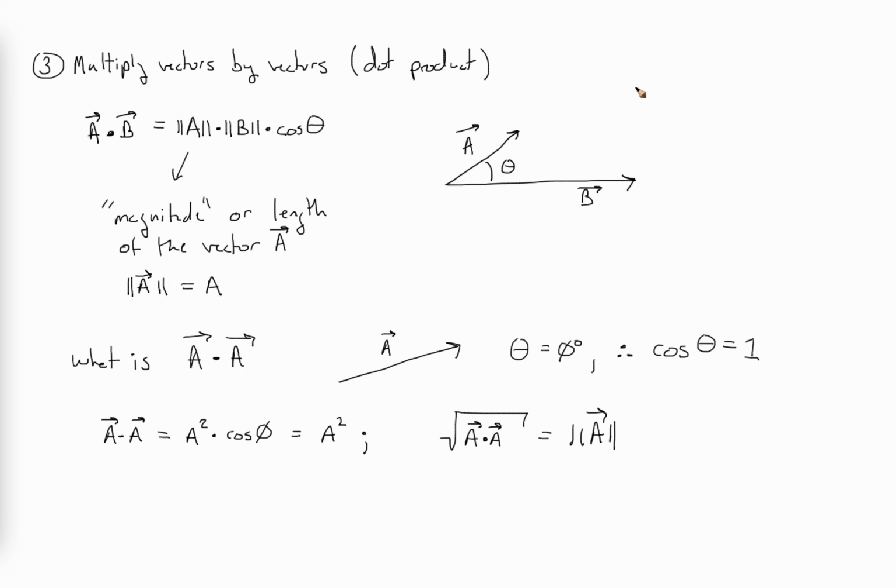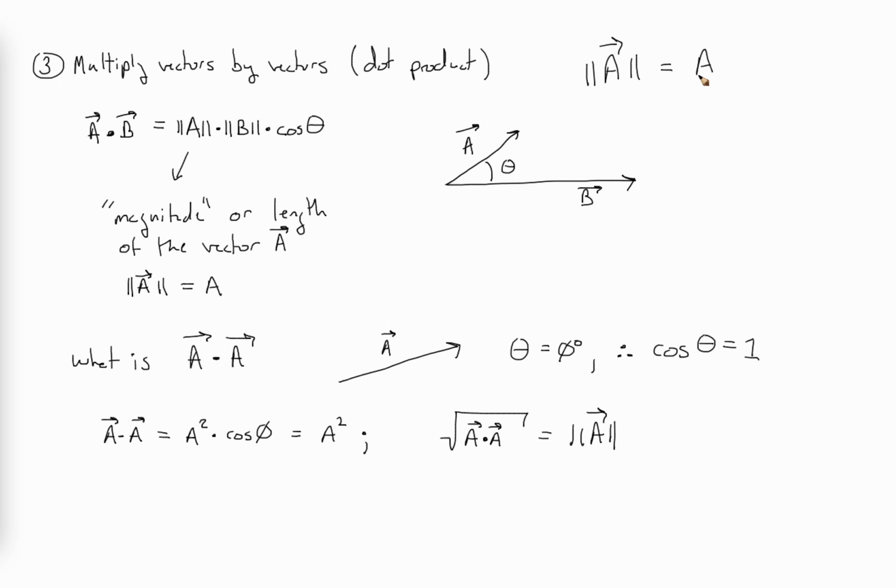The length of a vector, if I have a vector A and I want to know how long it is, the way that I write that is by putting little bars around it. That's called the magnitude or the length of the vector. That gets really cumbersome, so a lot of times when we're indicating how long a vector is, we'll just write the name of the vector without putting the arrow over top of it. So when I have an arrow over top of something, I'm actually talking about the arrow.